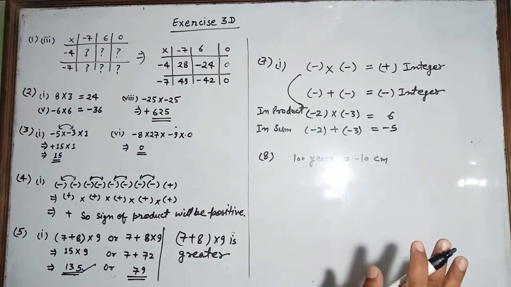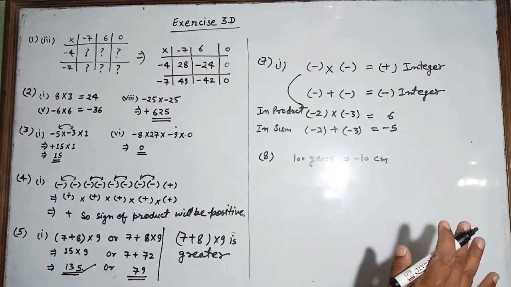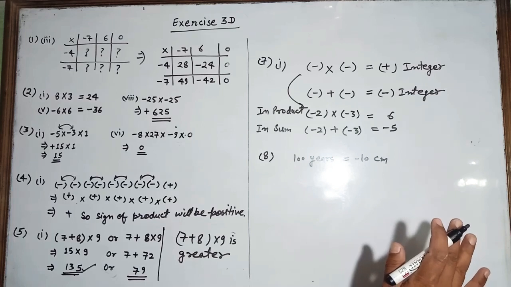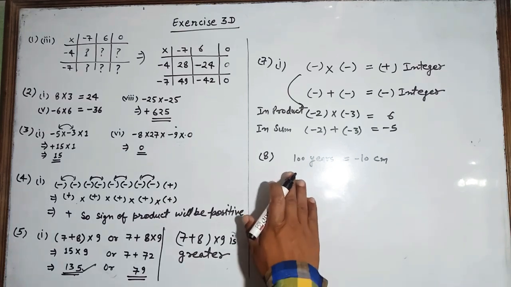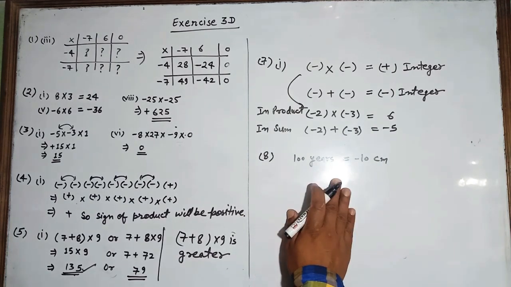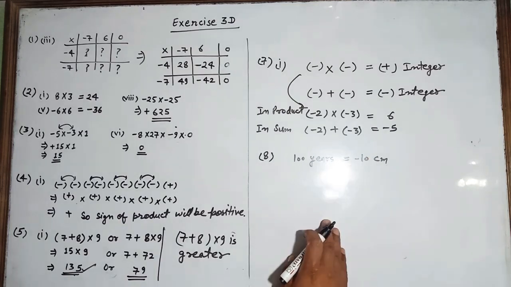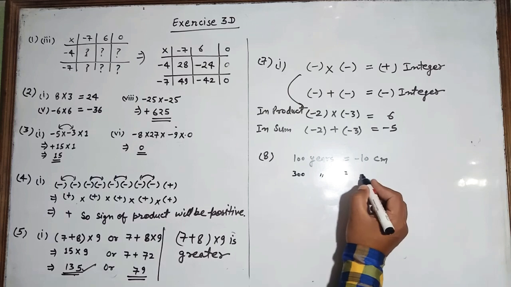We can write a multiplication expression with integers that models how much the Atlantic Ocean will sink in 300 years. See, in 100 years it is sinking 10 centimeter, so in 200 years it will sink 20 centimeter, and in 300 years it will sink 30 centimeter.